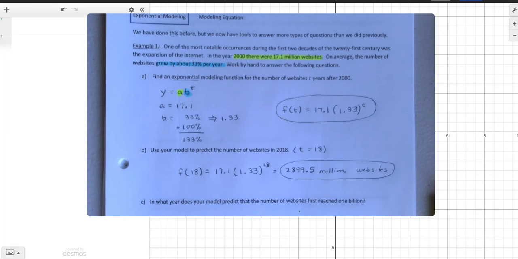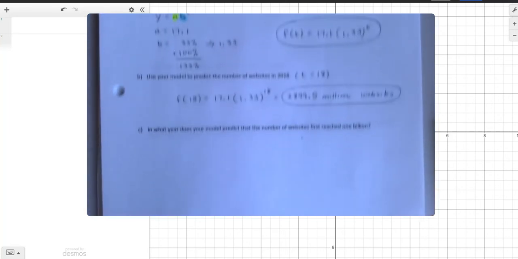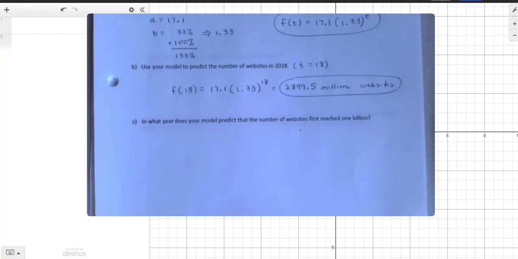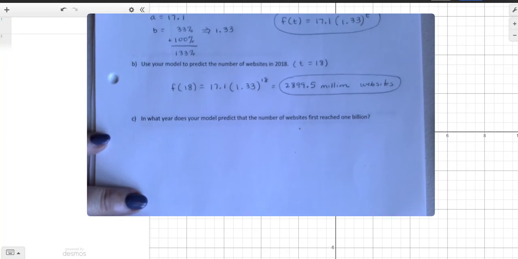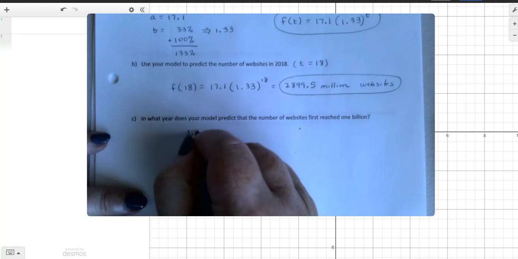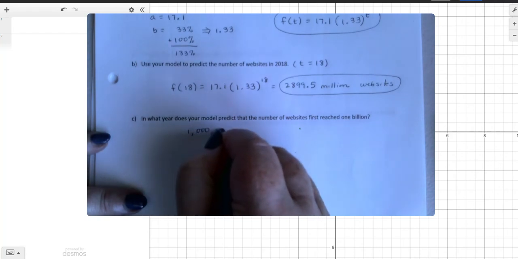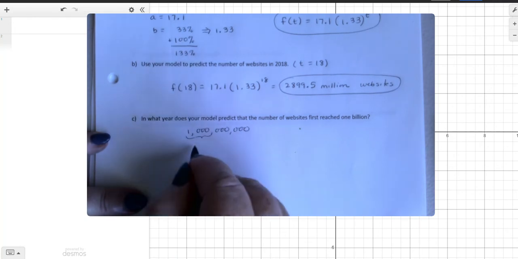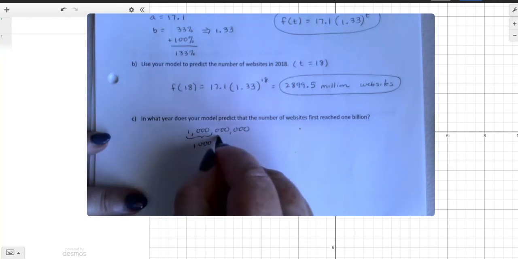And the last part is the part that we were not until now able to do without technology. In what year does the model predict the websites first reached 1 billion? Well, I've got to do this in millions, so that would be 1,000 million.